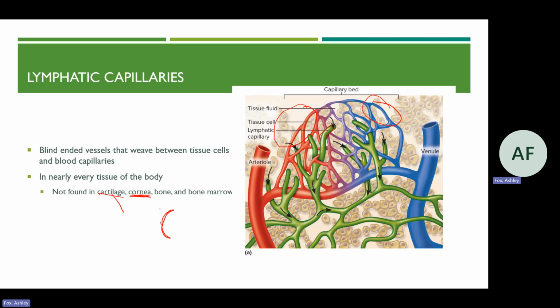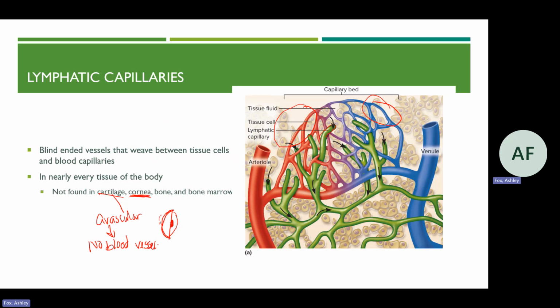So as long as it's normal, it's the clear covering. So you have your cornea and then you have the pupil and your iris here. The cornea is the clear covering. It doesn't normally have blood vessels. So without blood vessels, you don't really need capillaries. Same with cartilage. Cartilage is avascular, meaning there's no blood vessels.